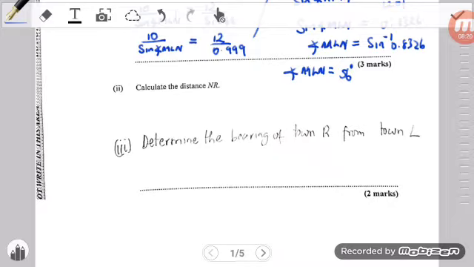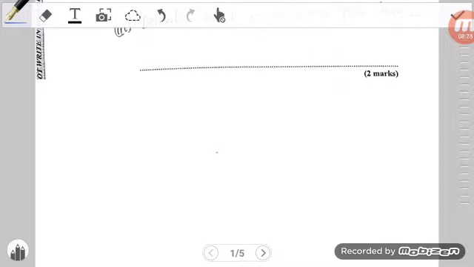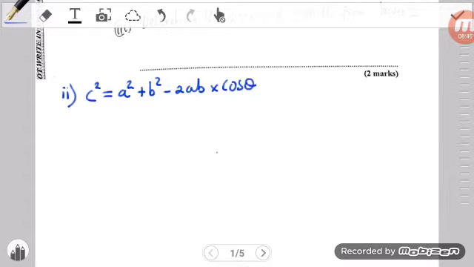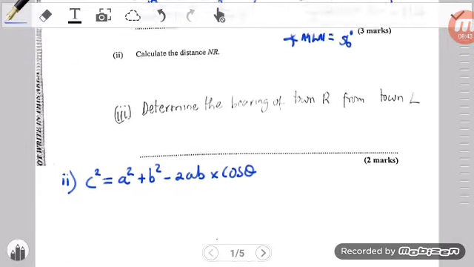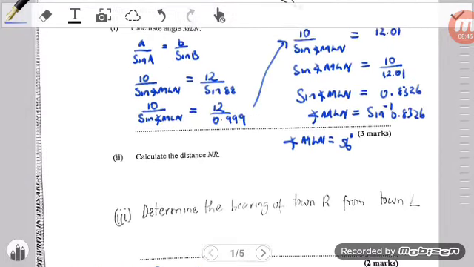So what we're going to do is get down to the bottom here. This is going to be part 2, and the cosine rule is that c squared is equal to a squared plus b squared minus 2 multiplied by the product of the two sides times the cosine of the angle between the two sides. In this case c will represent the side that we're trying to find, which is NR.